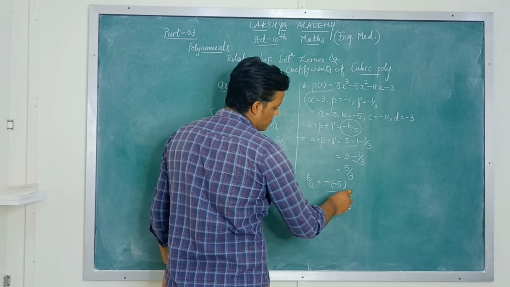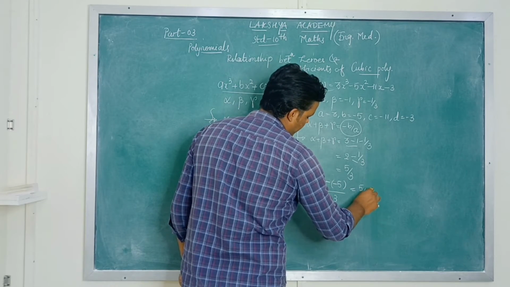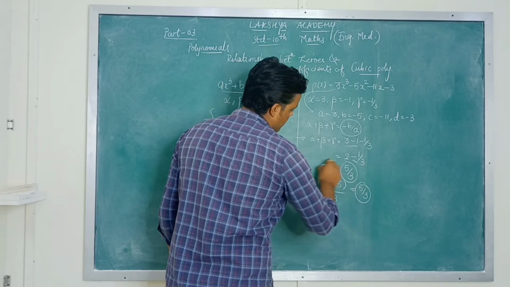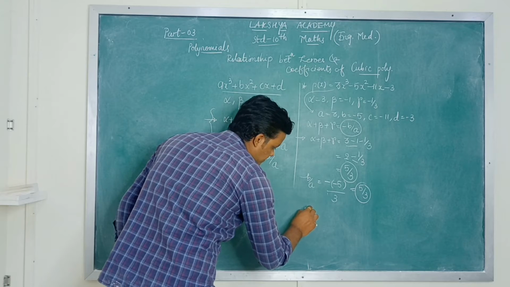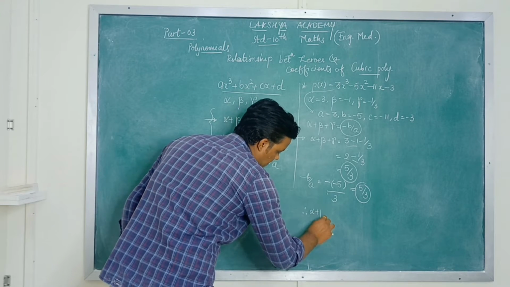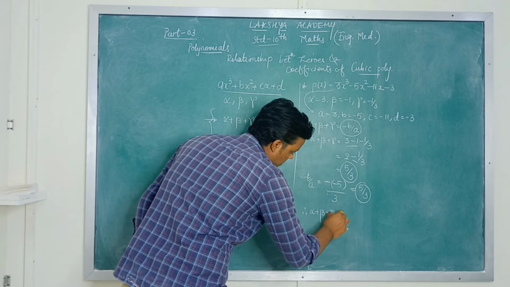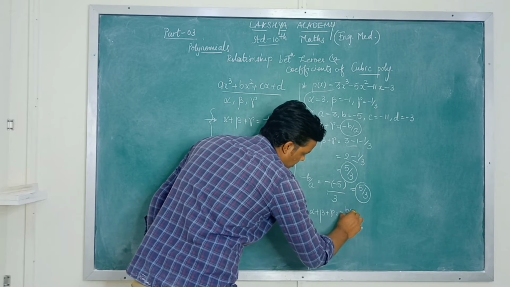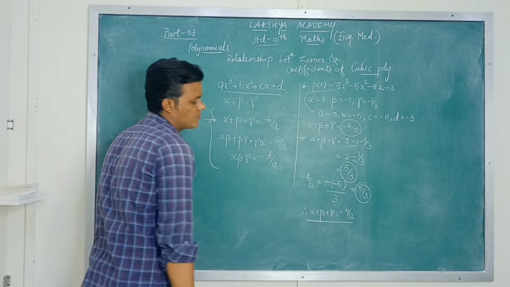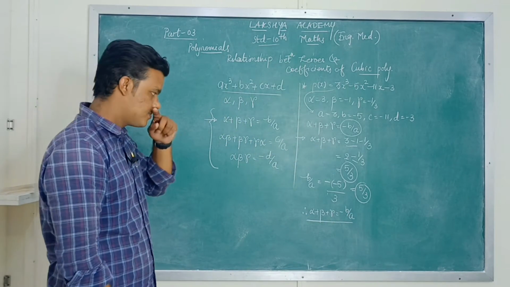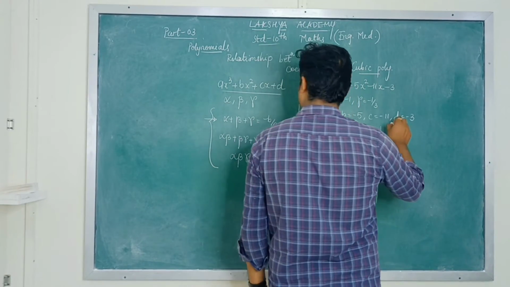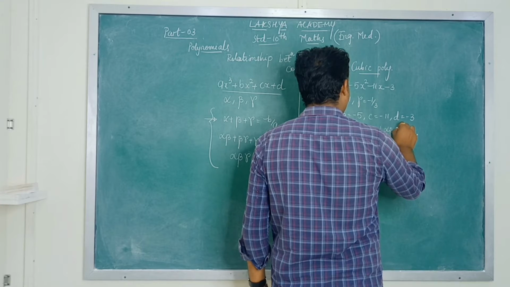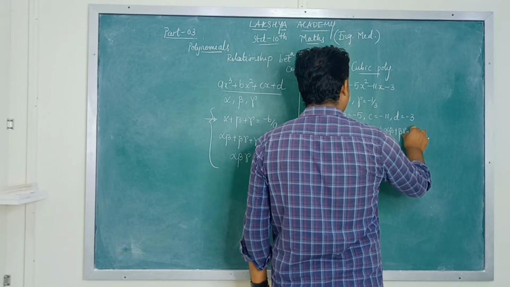Minus minus is plus, so it is 5 by 3 only. Here we can see both the answers are the same. So we can write alpha plus beta plus gamma equals minus b by a. It's true, right?